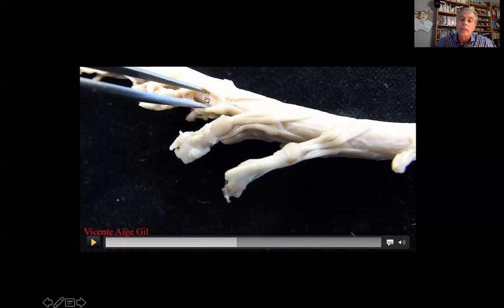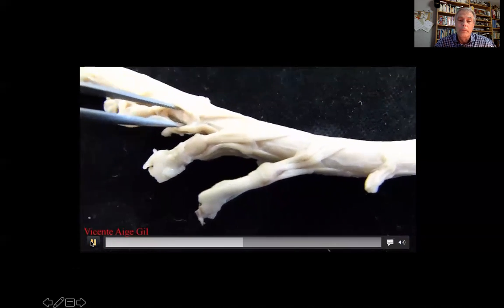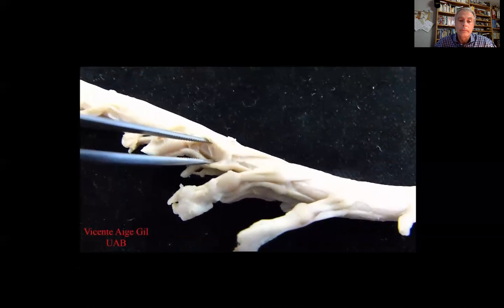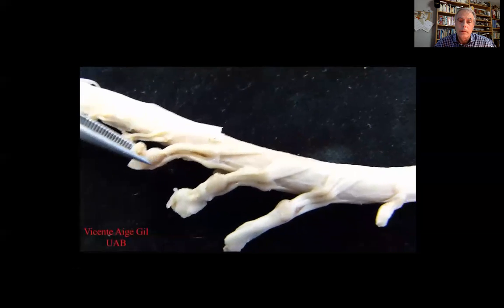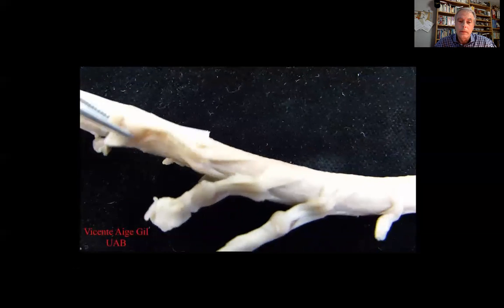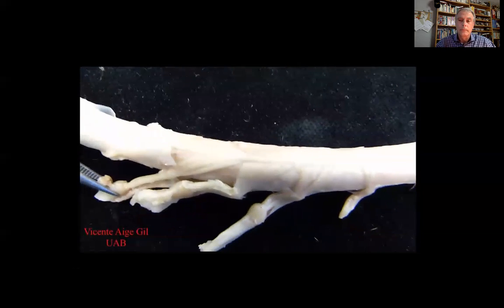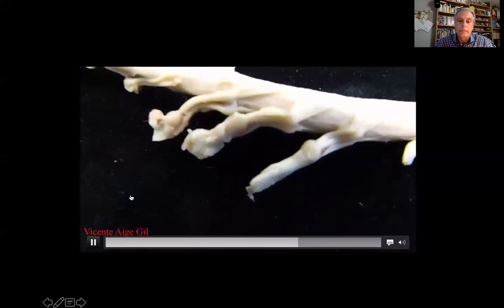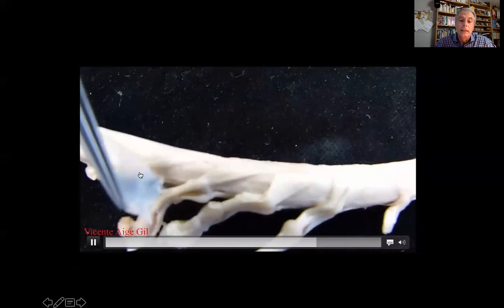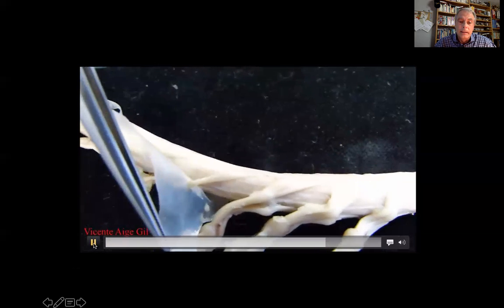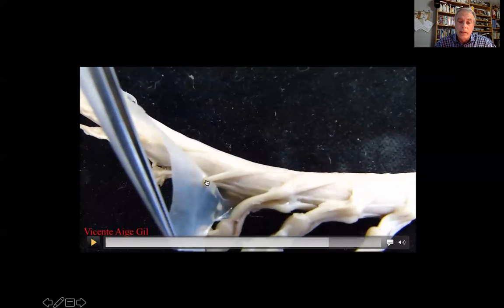So we may find epidural fat at this level. Now you see the dura here. You see how the dura then is going to form a single sleeve for the dorsal and a single sleeve for the ventral.